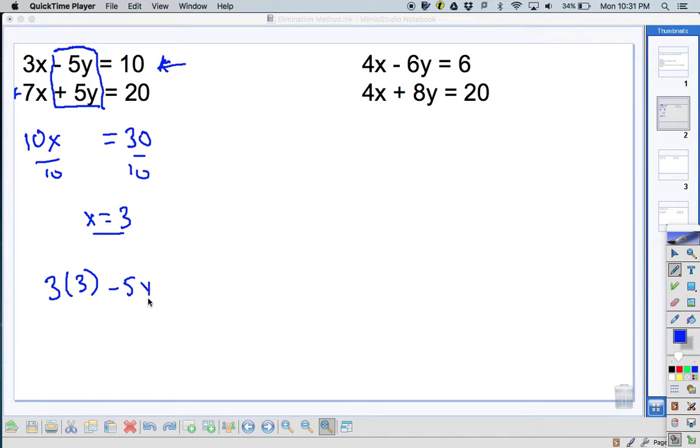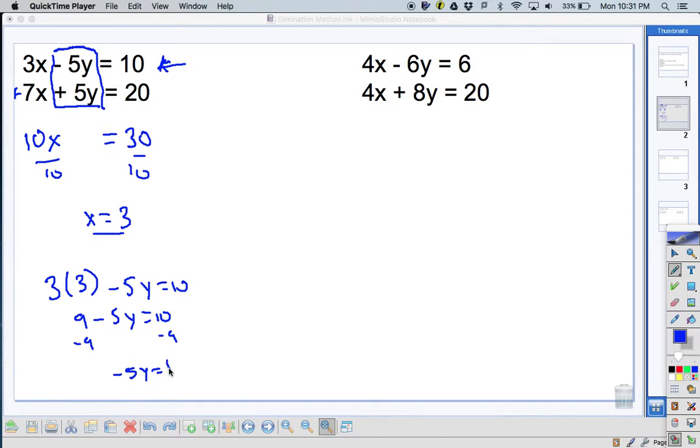Minus 5y equals 10. 3 times 3 is 9. So I got 9 minus 5y equals 10. And now I got a two-step equation. So I need to move this 9. It's positive, so I'm going to subtract it. So I'm going to subtract 9 from this side, and I do it to both sides. So 9 minus 9 is 0. 10 minus 9 is 1, so I get negative 5y equals 1.